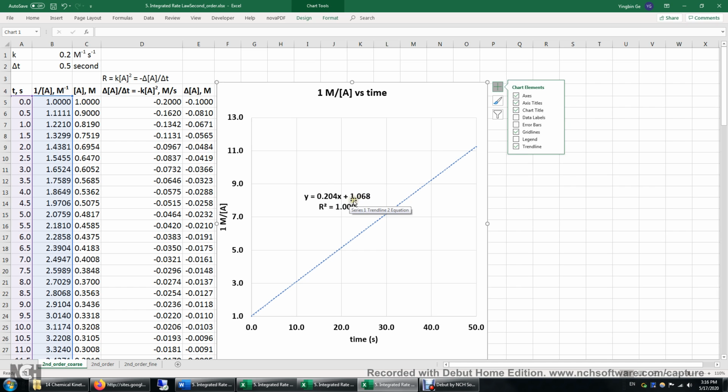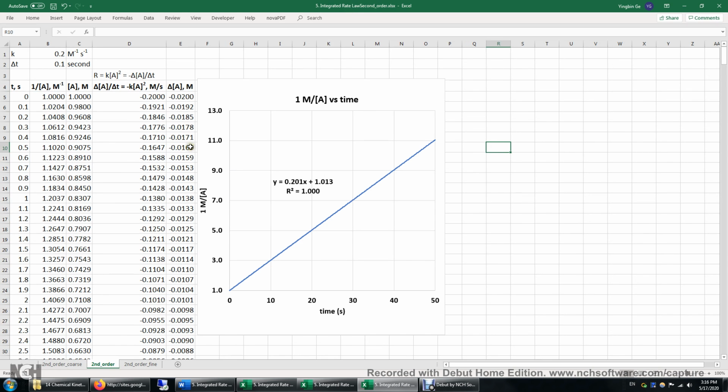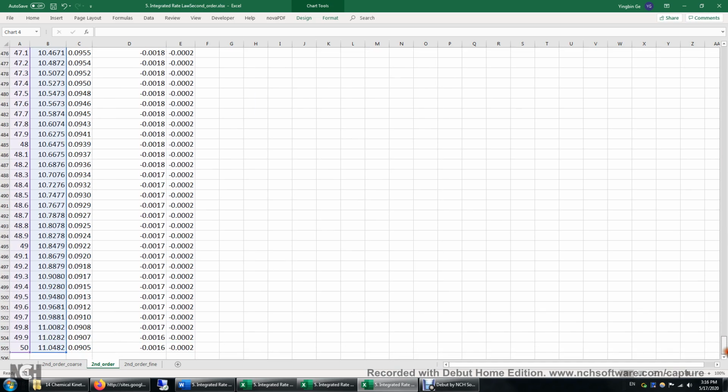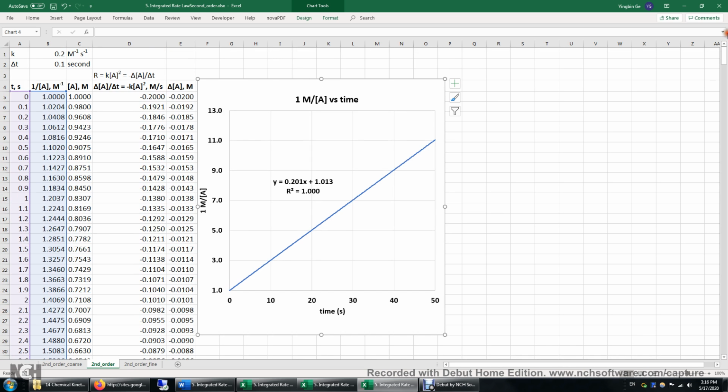But still, we can do better by using a smaller delta T. So this is going to be our smaller delta T. I'm using 0.1 instead of 0.5 seconds. And now you look at this graph. Of course, we need to produce more data. You can see there are many more data. I think there are 500 data points over here.